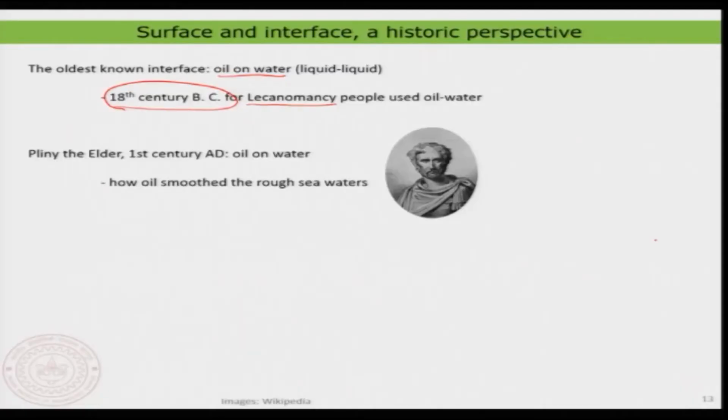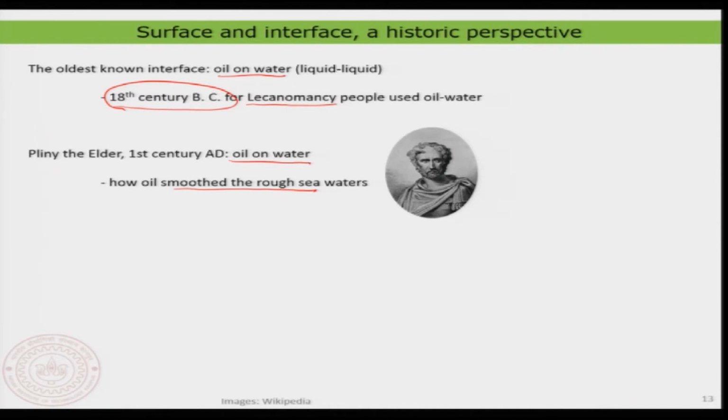One major important aspect was that the oil on water interface, which is of course one of the major liquid interfaces, was even used in some important applications, basically to smoothen rough sea water, to decrease the waves on the shores and things like that.